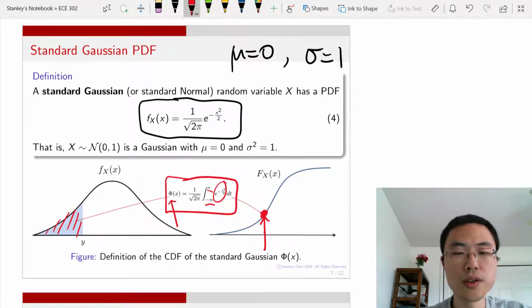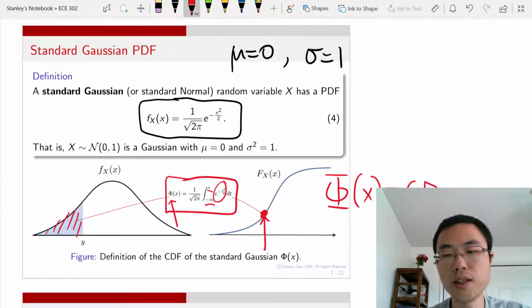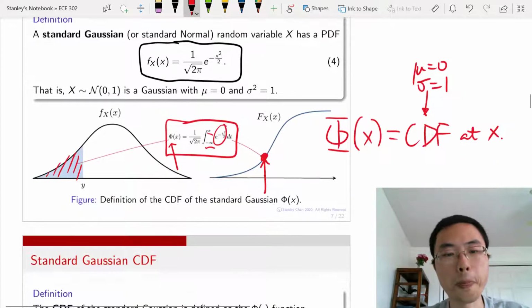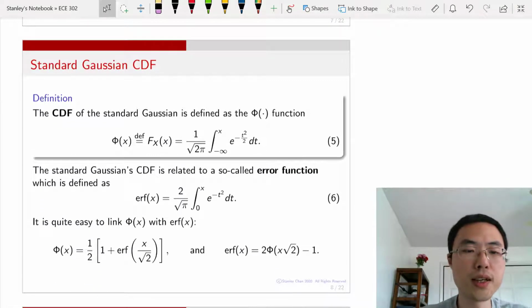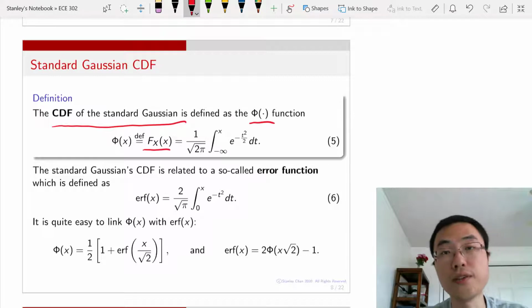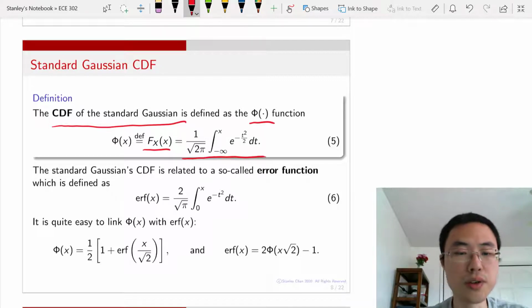Phi of x is the CDF at x, the CDF of a zero mean, unit variance Gaussian. So as I'm defining here, the CDF of the standard Gaussian is defined as this phi function, and it's given by this integration.